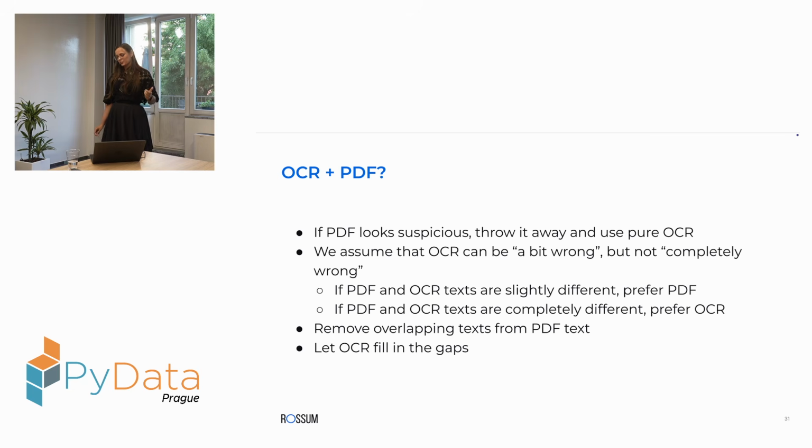And that's also useful because PDFs can contain embedded images, often headers or footers, that don't contain any PDF text. It's just an image. So OCR can read those, and we combine that together and get something, we hope, a bit better than pure OCR or pure PDF.